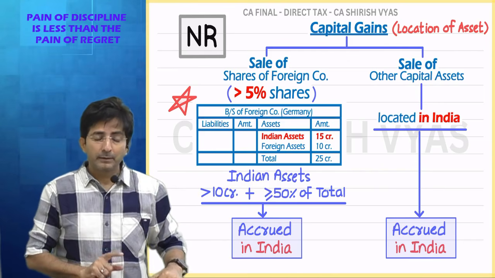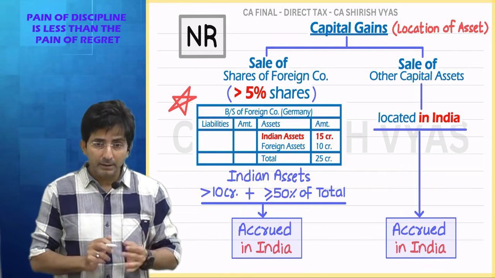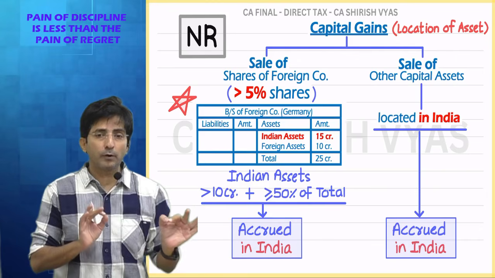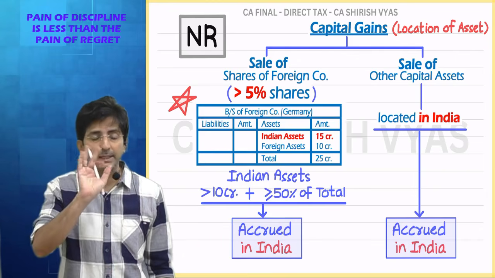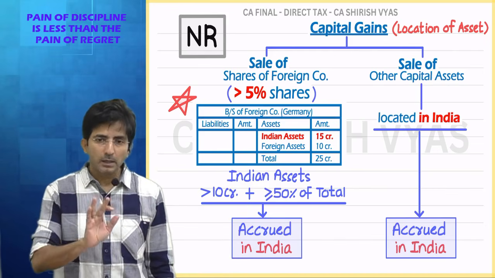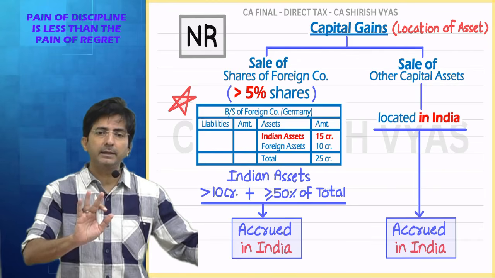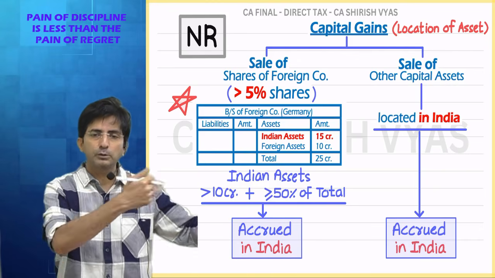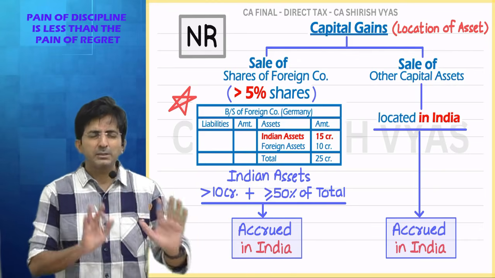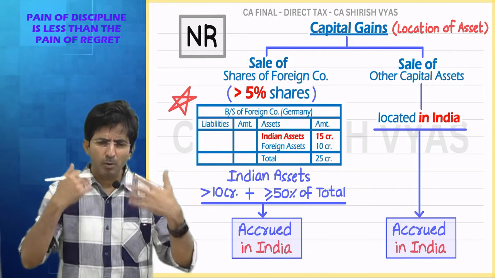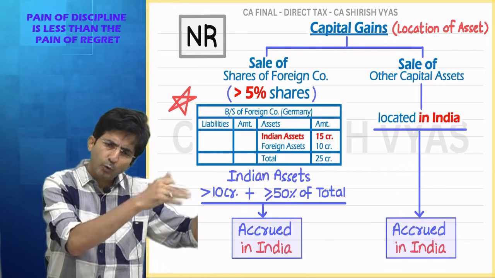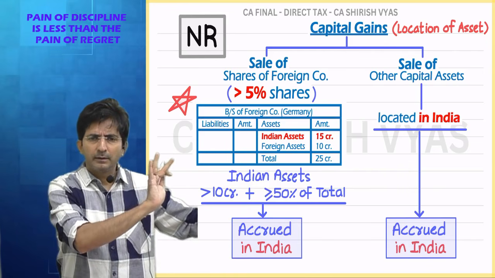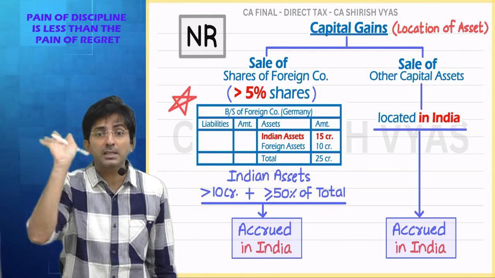But to decide whether the capital gain is of India or foreign, whether it is an Indian company or foreign company is important, not the residential status. In general, once the shares are of a foreign company, it's a capital gain accruing in foreign. Not just shares, but debentures, bonds, any security pertaining to a foreign company, it's accrued in foreign only. Then residential status doesn't matter.